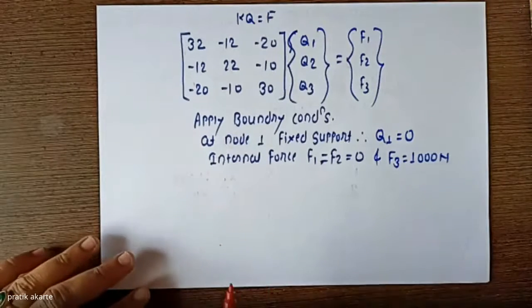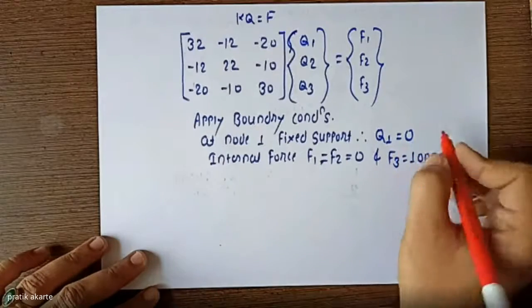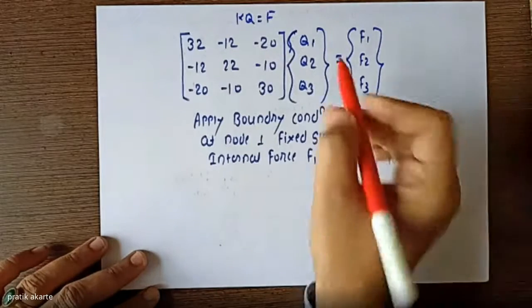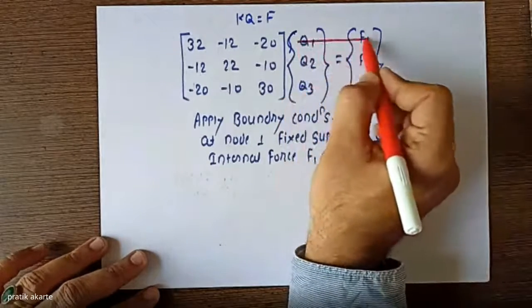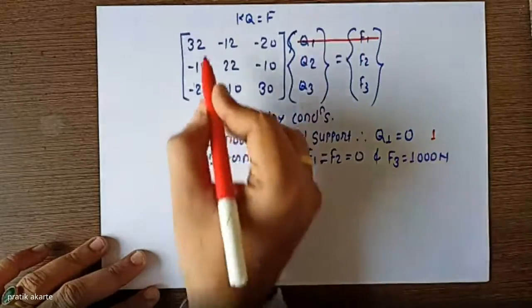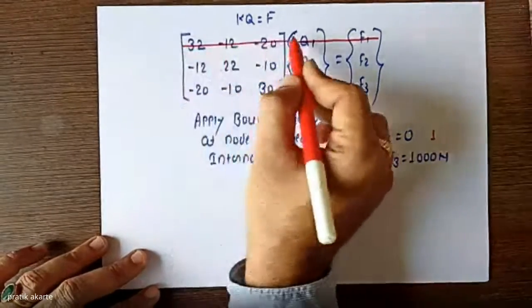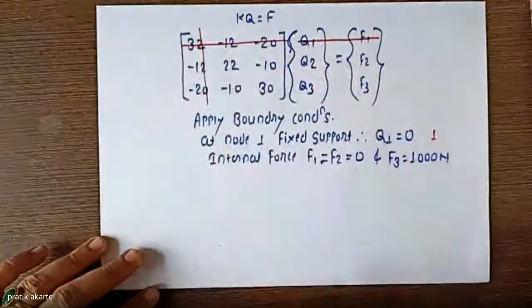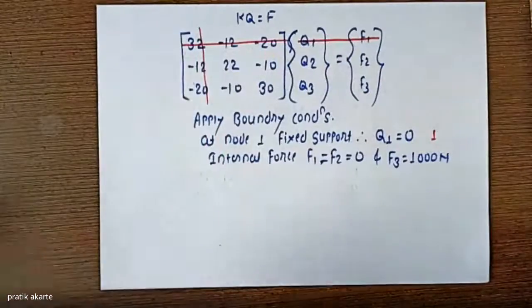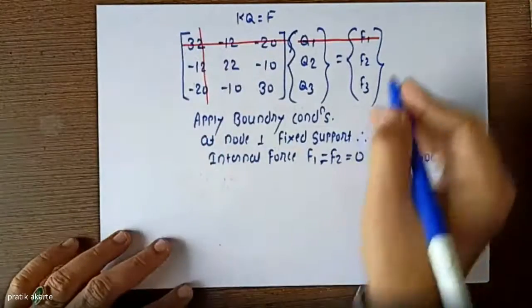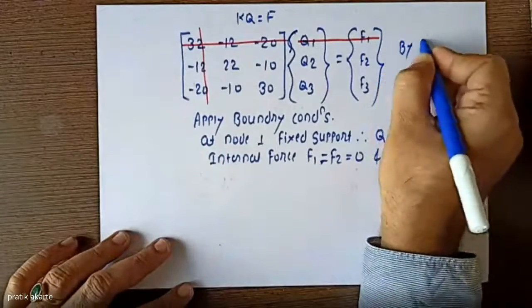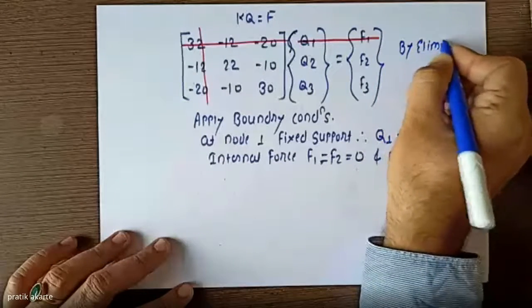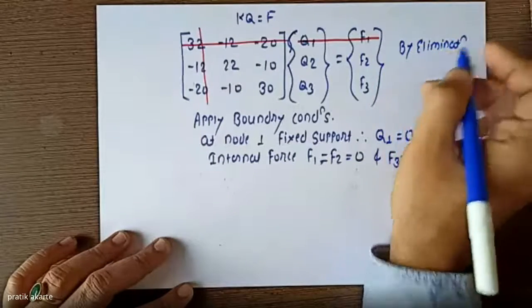Now by the elimination approach, since node 1 is fixed, Q1 is fixed, we'll be eliminating the first row and first column. Okay, so this is by the elimination approach, which we have discussed earlier.